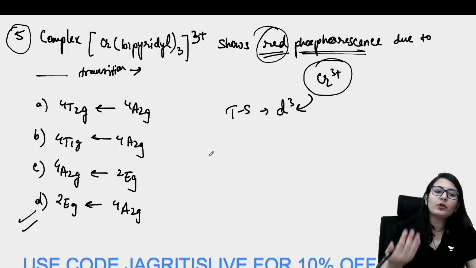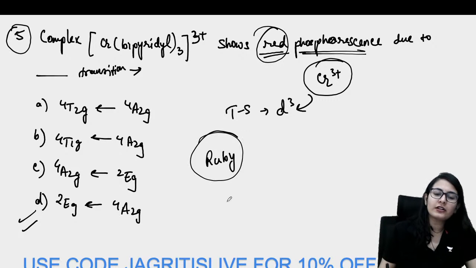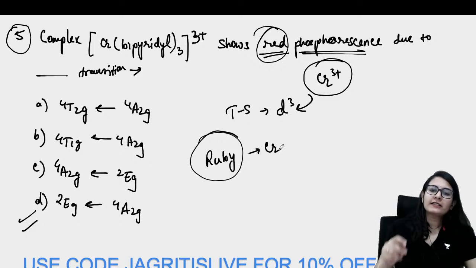All right, so one more question comes on the same concept, that ruby is your gemstone, and ruby has chromium as impurity in it. Ruby is an aluminosilicate. Some of the chromium is going to replace some of the aluminium, and that is going to give you the red color of ruby.